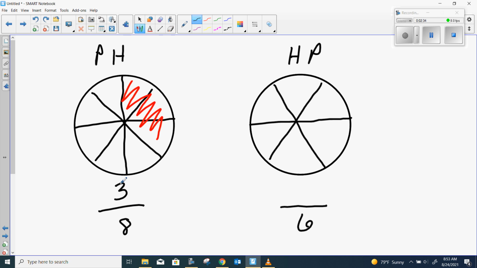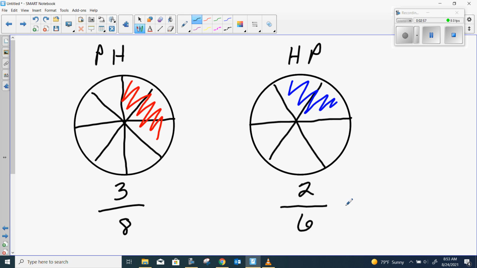That's the amount that we ate of the total of 8 pieces, or 1 pie. On Friday, we went to Humble Pie and we ate 2 pieces. All right, so here again, we ate 2 out of the total of the 6 pieces of pie.